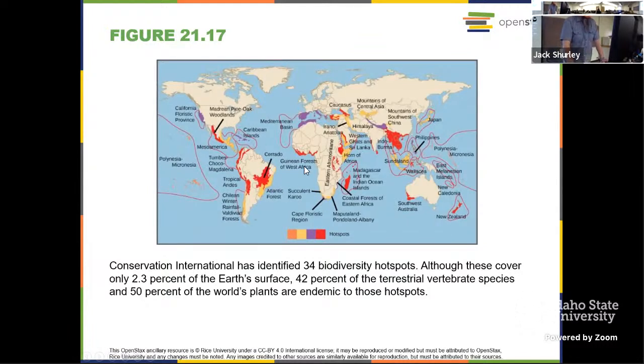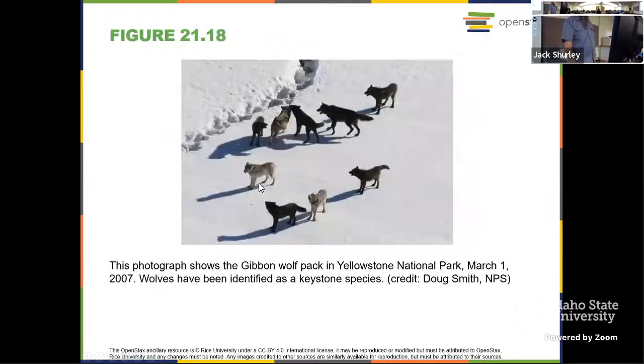We can see all sorts of potentials and possibilities with that. A good chunk of it we can also see near equatorial regions, parts of the Amazon that are yet to be tapped into. Here we've got an image from Yellowstone, another backyard, showing a wolf pack.